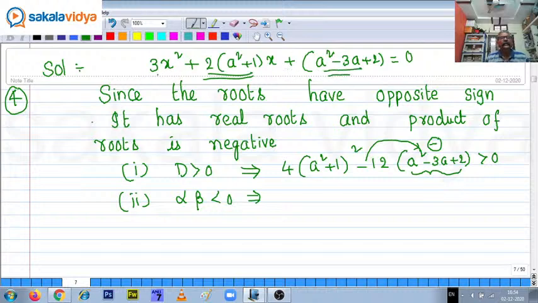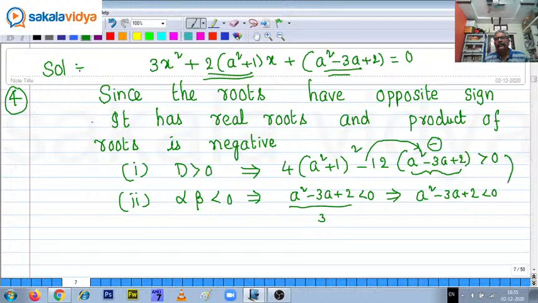Constant term by x square coefficient, a square minus 3a plus 2 upon 3 is less than 0. That implies a square minus 3a plus 2 less than 0. From these two we observe that a square minus 3a plus 2 must be less than 0.